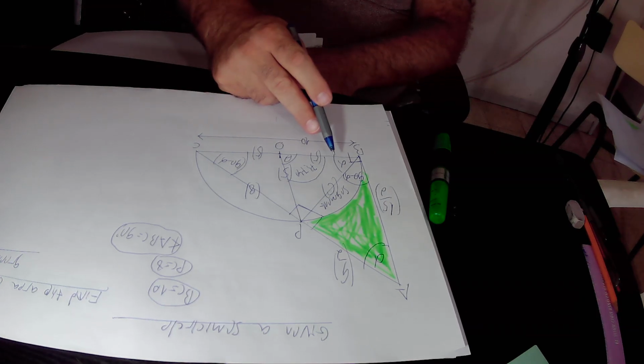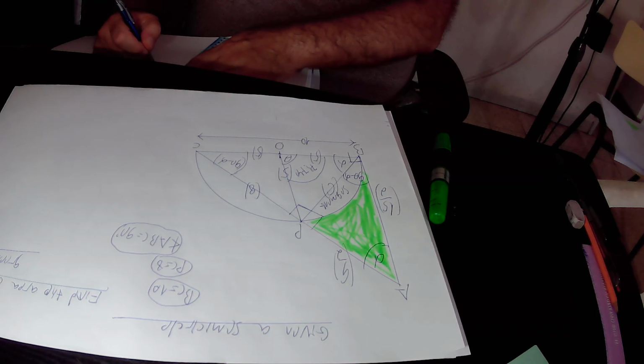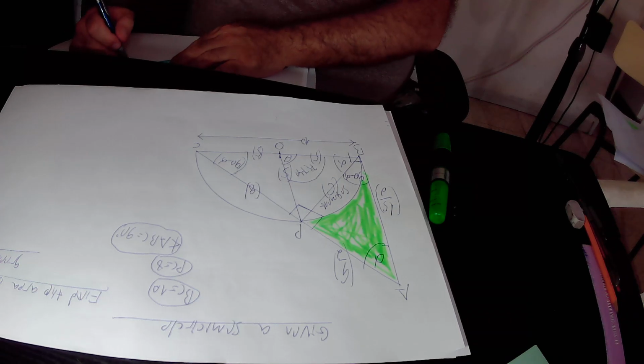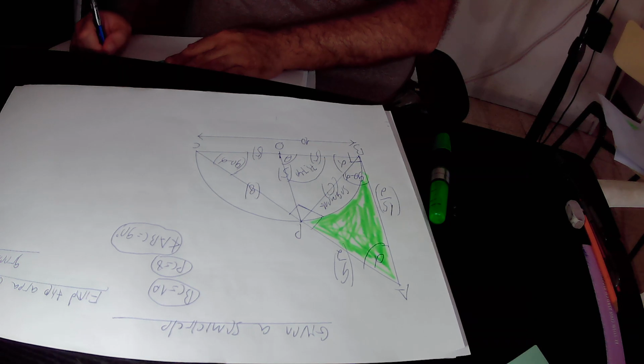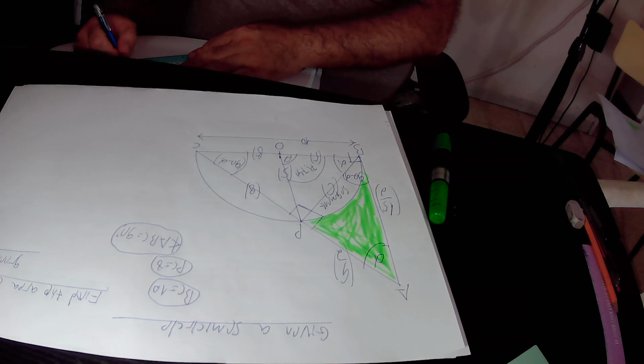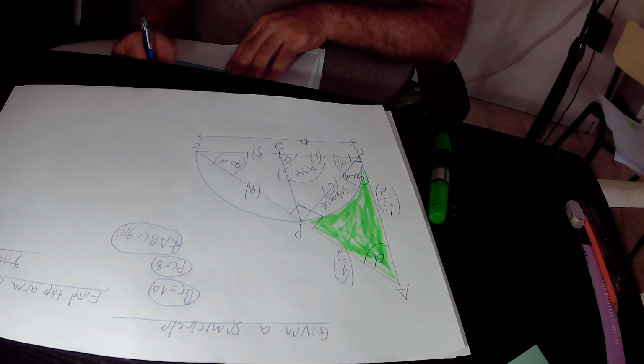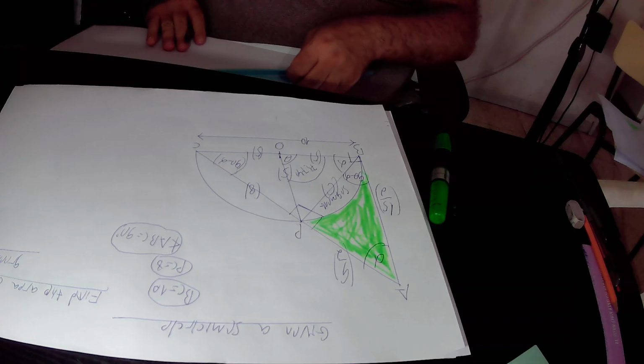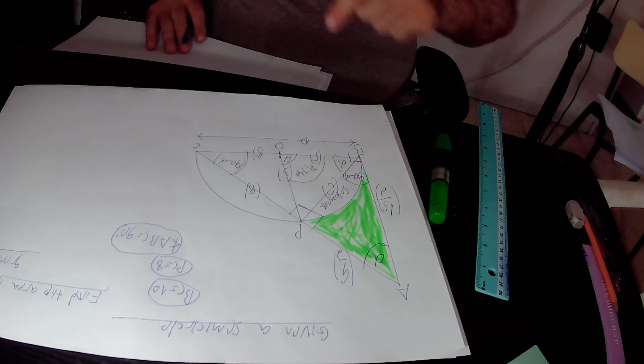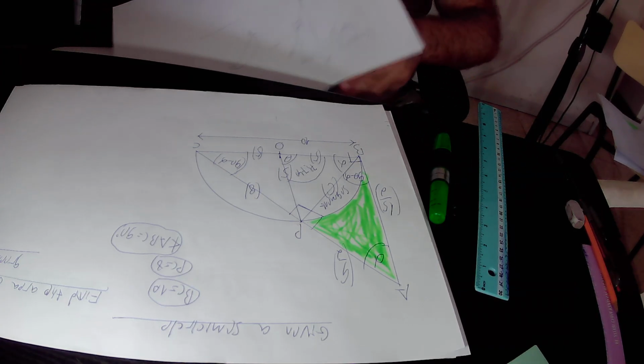Times the area of segment BP. Okay, again, let's find out the area of this green shape.